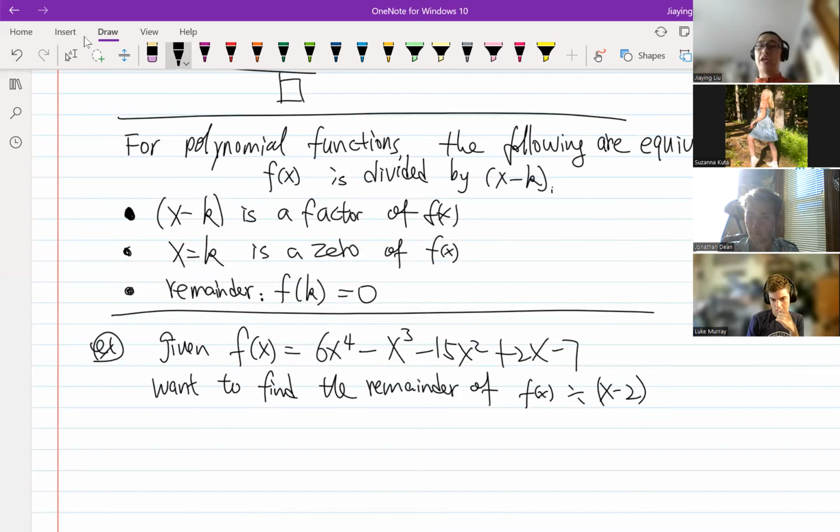So here's my function. If I take that function divided by the polynomial expression x minus 2, I want to know what the remainder is.